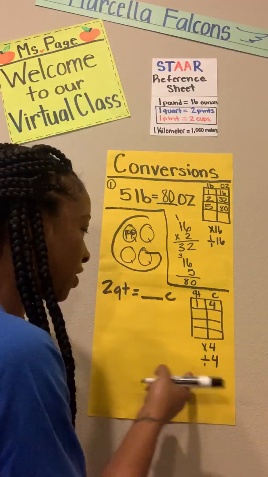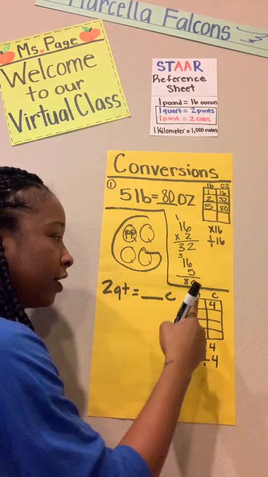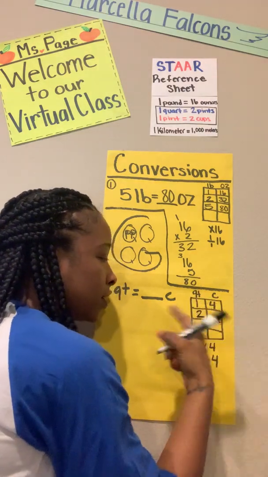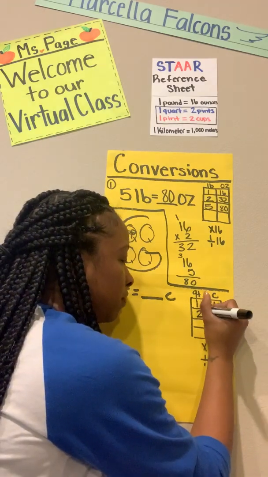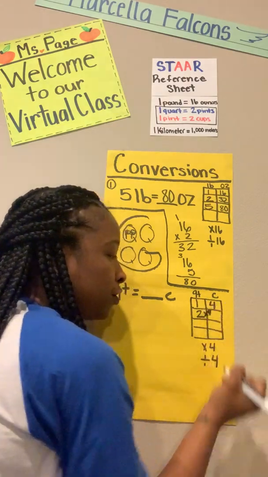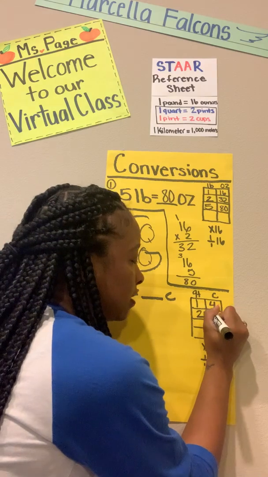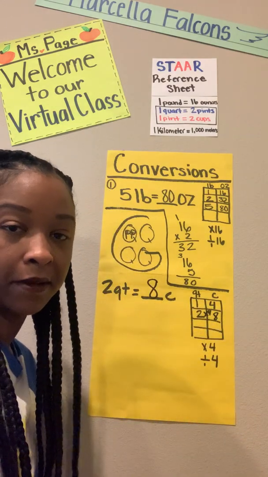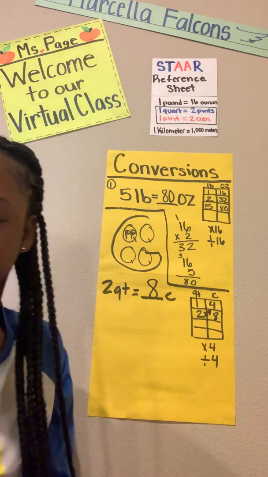If I'm trying to figure out my problem here, I'm just going to the very next step. This is 1 quart, 2 quarts. I know that I need to multiply by 4. 2 times 4 is 8. So therefore the answer is 8 cups. Okay.